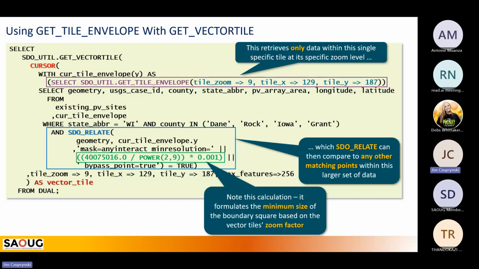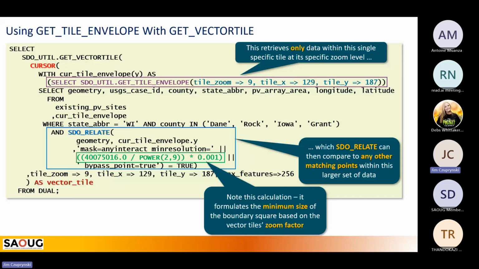That calculation there with SDO relate, let me take a little bit of a look at this. What's that first number in green? 4007-5016. That is the side of one of the large vector tiles at zoom level 0. So about 4 million, right? Million? Yes, 4 million kilometers on a side is the largest vector tile at zoom level 0. Well, what's this divide by power 2 to the 9th? We're at zoom level 9.